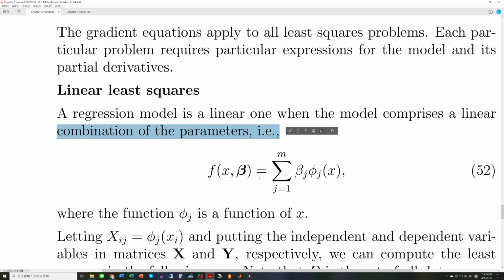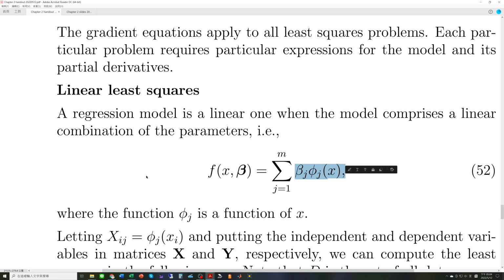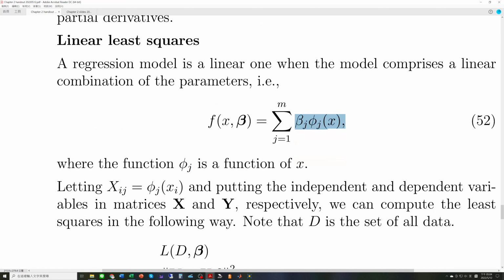A regression model is a linear one when the model comprises a linear combination of the parameters. That is, f of x beta is equal to the summation from j equals 1 to m of beta j times phi j of x, where the function phi j is a function of x.